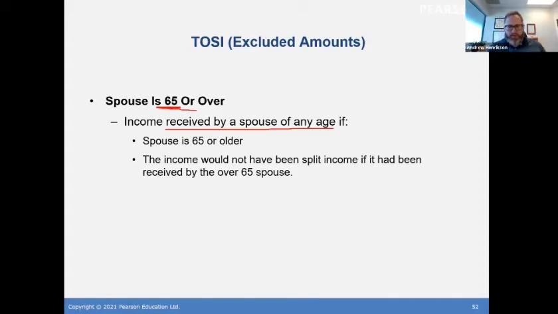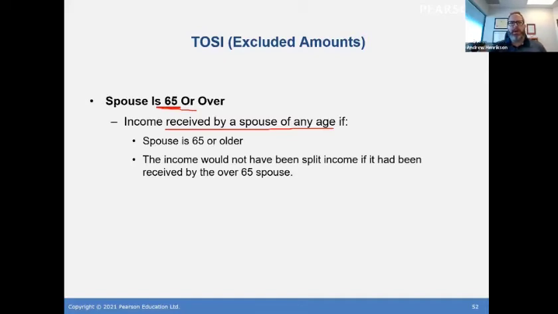So, needless to say, this can get kind of complicated, but what you guys are going to be expected in this course, again, we're just kind of dipping our toe in the pool, I like to call it, of a lot of complex topics. So we're going to spend this little bit of time on TOSI, but we're not going to dive in as deep as you could, but we're going to look at some scenarios.